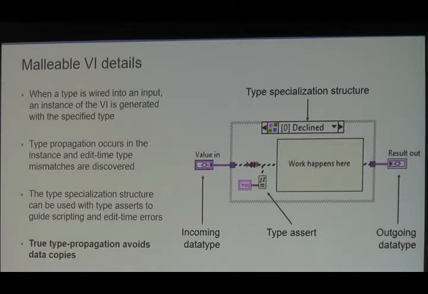And you can do more than one input as well. All it does is say, whatever you put on the input, it's going to type propagate through, follow all the wire branches you have. You have a new instance of the VI with your user's type. There's no data copies. So it works really well for this use case. Let's recommend this.